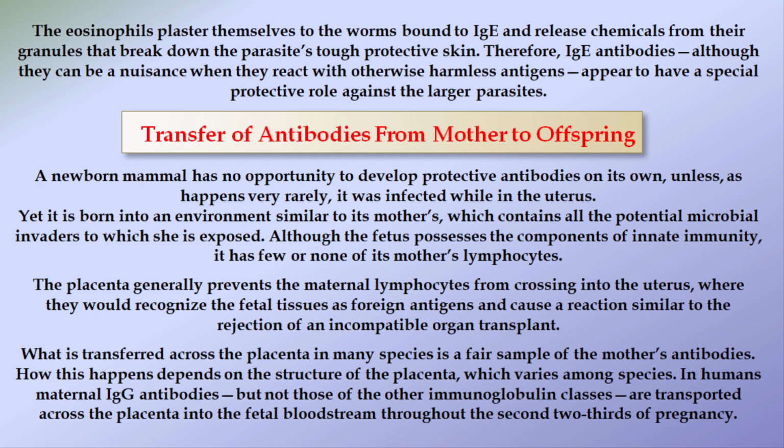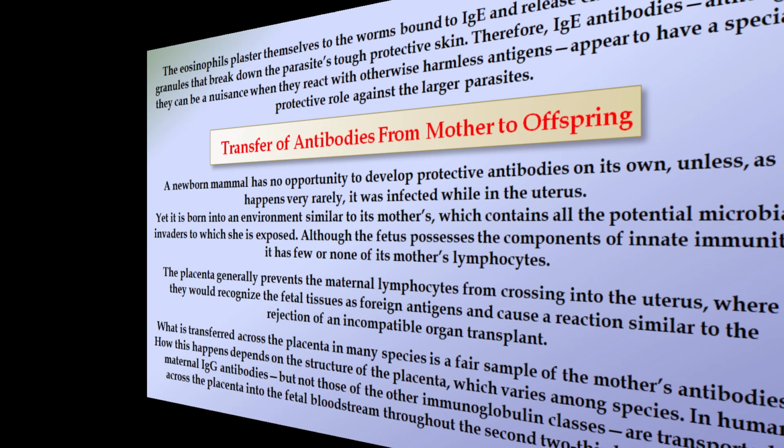What is transferred across the placenta in many species is a fair sample of the mother's antibodies. How this happens depends on the structure of the placenta, which varies among species. In humans, maternal IgG antibodies, but not those of the other immunoglobulin classes, are transported across the placenta into the fetal bloodstream throughout the second two-thirds of pregnancy.